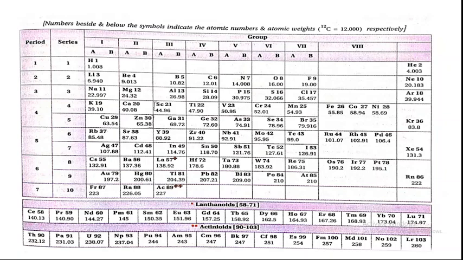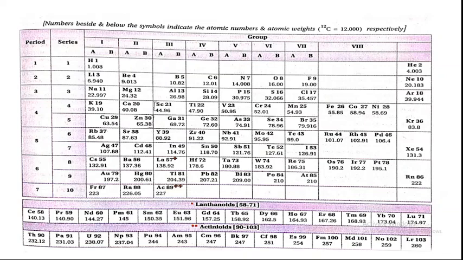Here the elements are arranged according to their atomic mass or atomic weight. But there were some problems or limitations in this table. What were these limitations? The isotope problem and some other reasons.